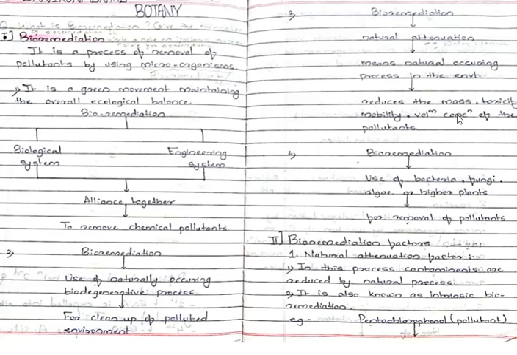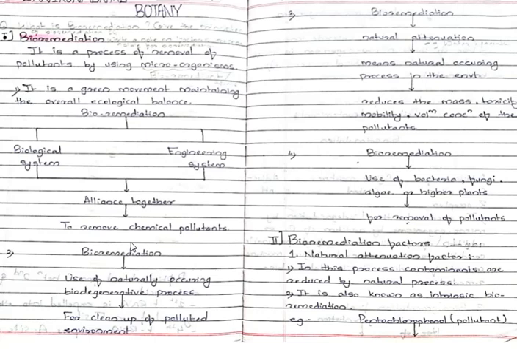Then in bioremediation, some bacteria, fungi, algae or higher plants are used for removing the pollutants. So these living organisms are helpful for removing the pollutants from different sources. So this is regarding the bioremediation principles.